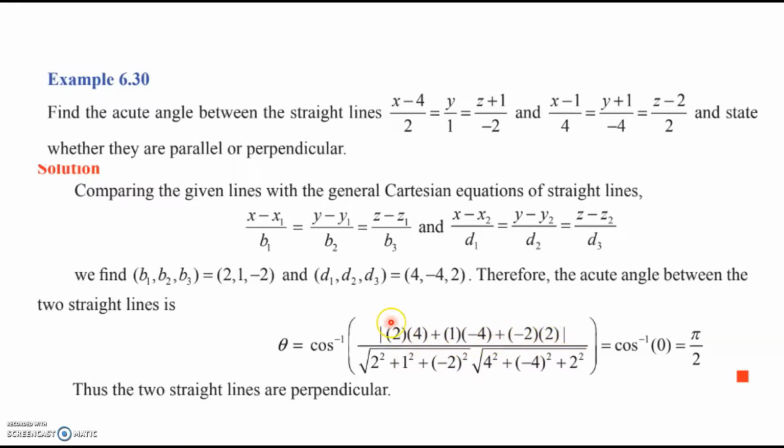So that's this numerator divided by the square root of b1 squared plus b2 squared plus b3 squared, which will be this, multiplied by d1 squared plus d2 squared plus d3 squared, which will be this. So simplifying this, you get cos inverse of 0, which we know is equal to pi by 2. Therefore, the two straight lines are perpendicular.